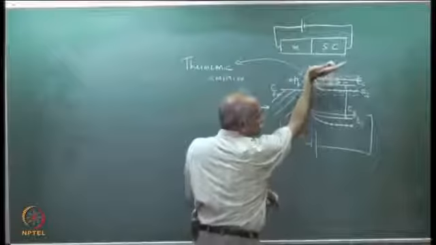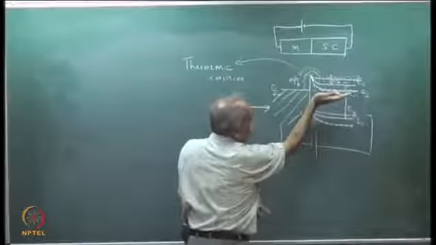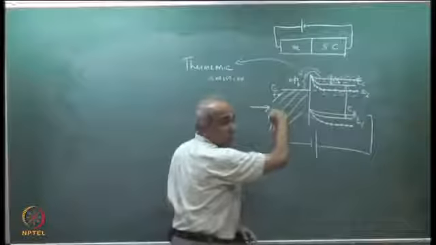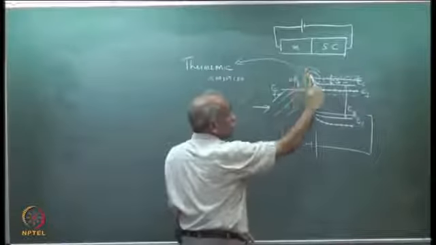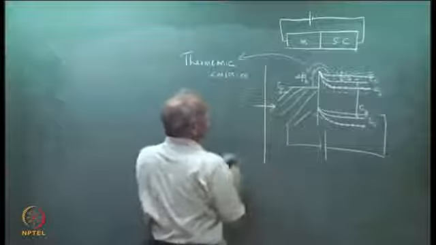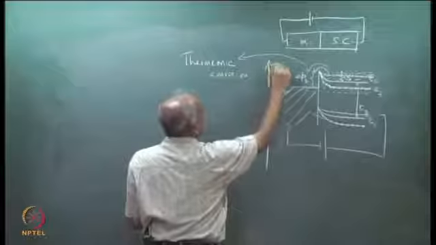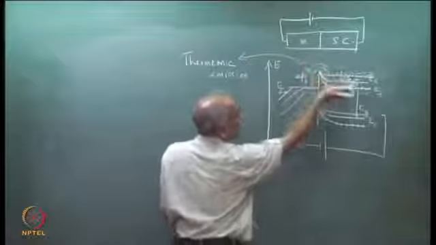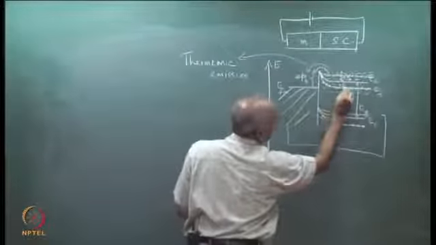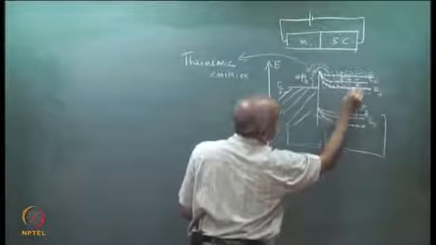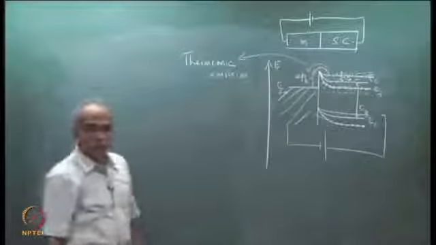So the electrons have come down further and therefore they can no longer jump over the barrier. Remember that this axis is always energy. So there is a potential energy barrier there, so they cannot jump. It has come down. Plenty of electrons are here, but they cannot jump.